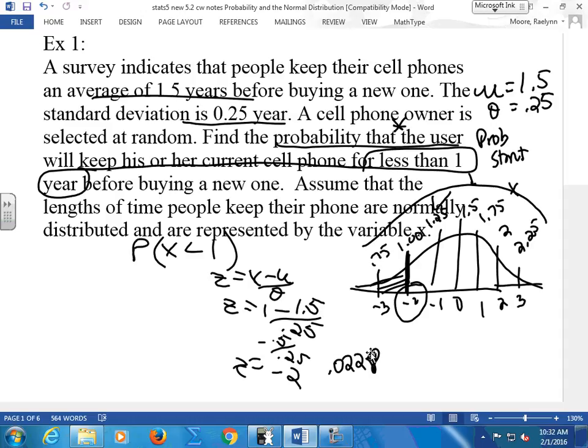If you look at this here, doesn't my z-score have to be negative? Doesn't it tell me subtract the small one minus the large one? There's only two things you can subtract, an x and a mean. If you need it to be negative, subtract the smaller minus the larger. If you need it to be positive, the larger minus the smaller. And you always divide by the standard deviation.